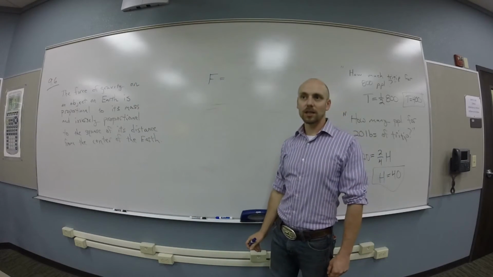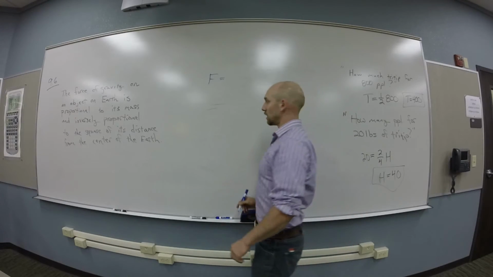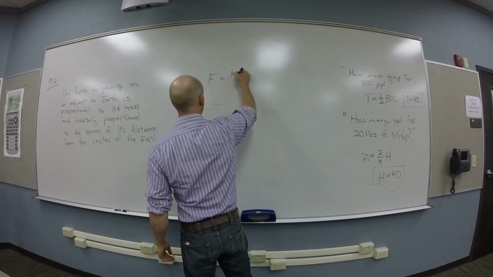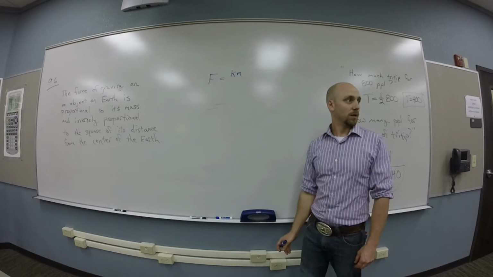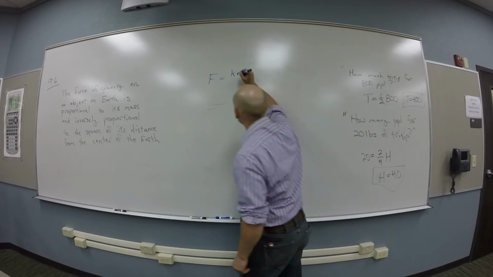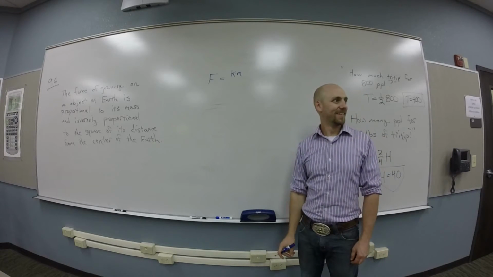Proportional to the mass means I should have an m and a constant. So k times m.